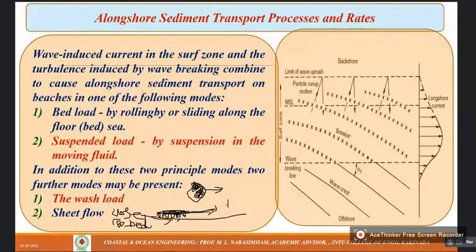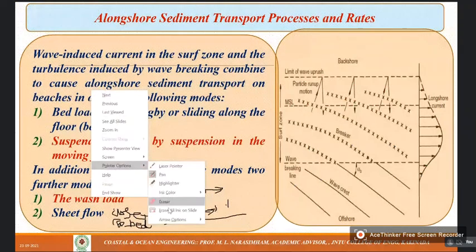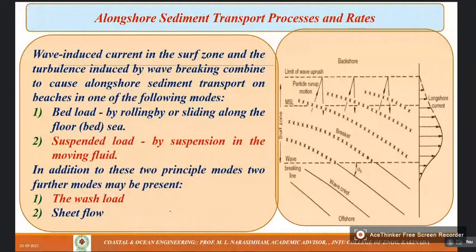Going back to the same explanation, see, what I said is, now there are certain particles near the bed. So due to these velocities, these bed particles will be moving in the form of rolling.